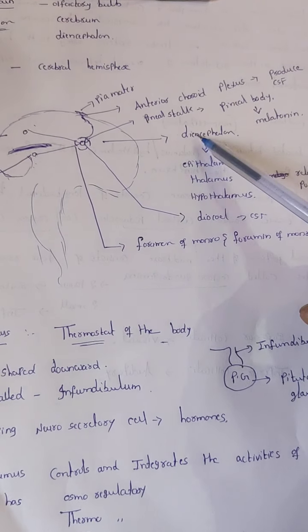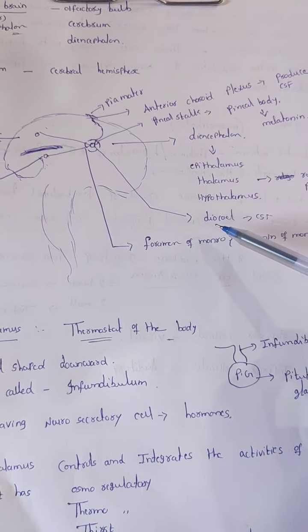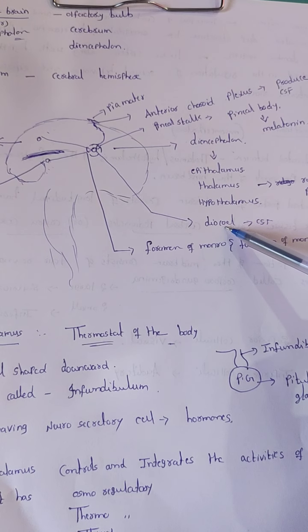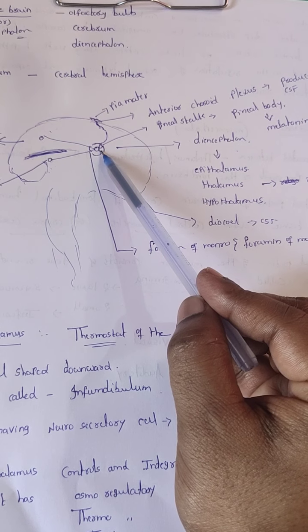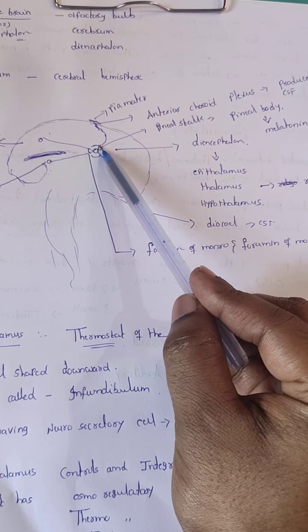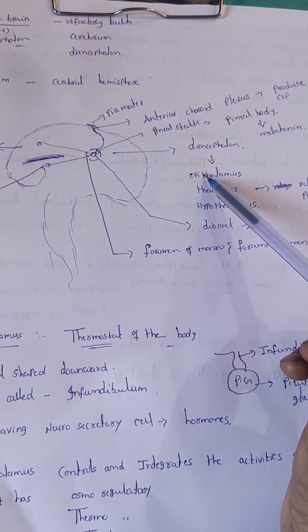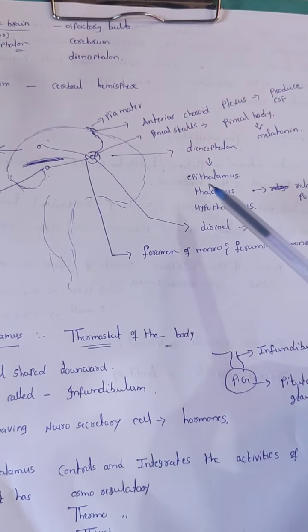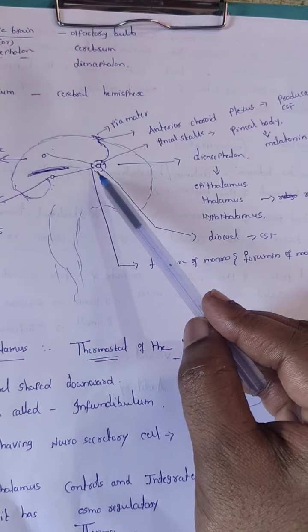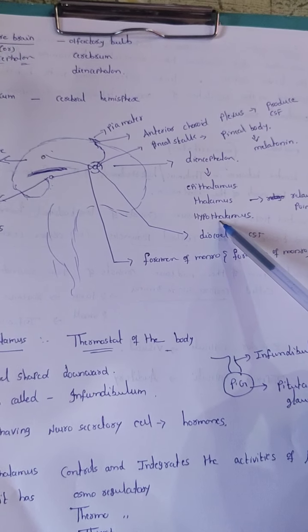In the diencephalon there is a third ventricle, called the diocoele. Above the diocoele, like a roof, is the epithalamus. On the lateral side is the thalamus. At the base of the diocoele is the hypothalamus.